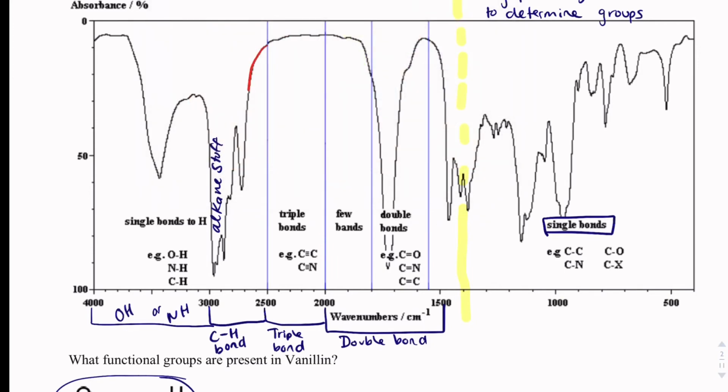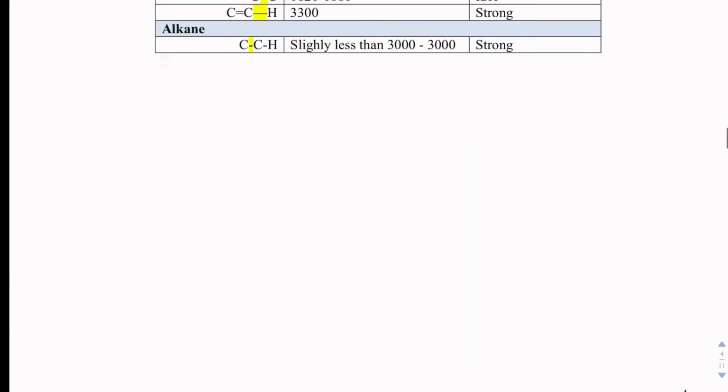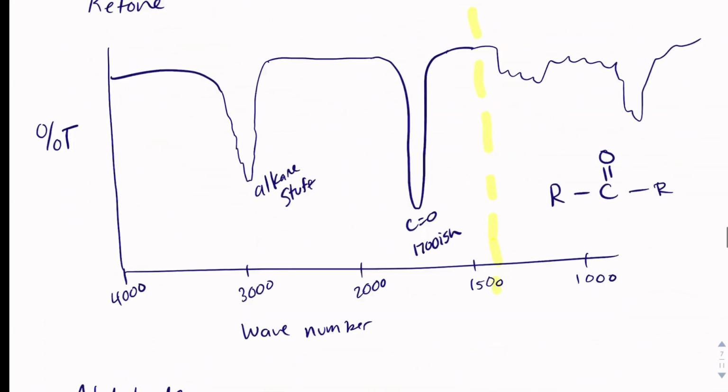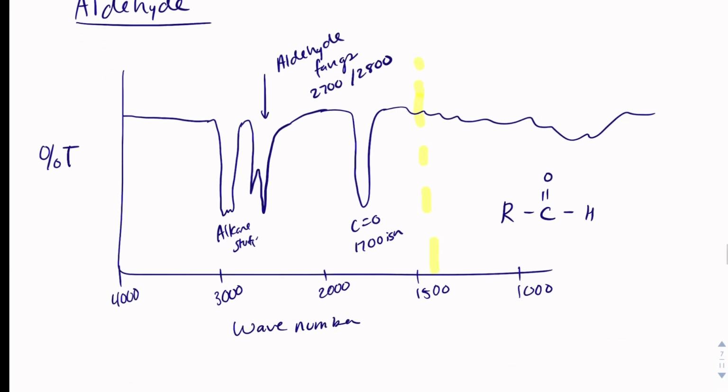Our aldehyde fangs, they're there, but the second fang gets kind of covered with alkane stuff. So sometimes it bleeds into alkane stuff. So we get something that looks like that. Okay, you'll like aldehydes just because they're kind of easy to identify.